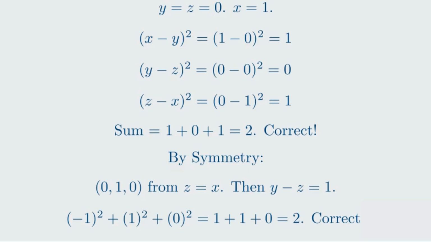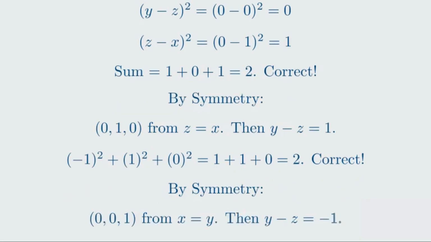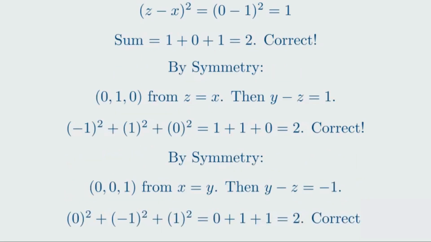Also correct. And the solution 0, 0, 1 comes from x equals y. The differences are x minus y equals 0, y minus z equals minus 1, z minus x equals 1. The sum of squares is 0 squared plus minus 1 squared plus 1 equals 0 plus 1 plus 1 equals 2. Correct.